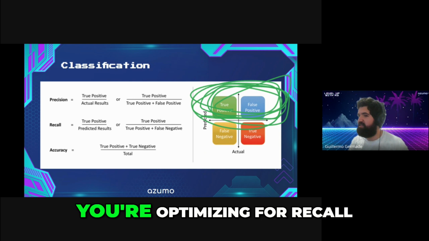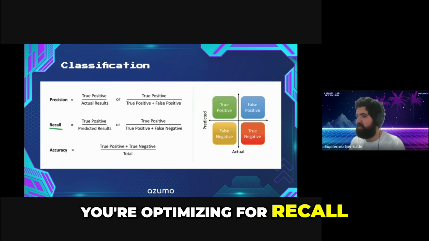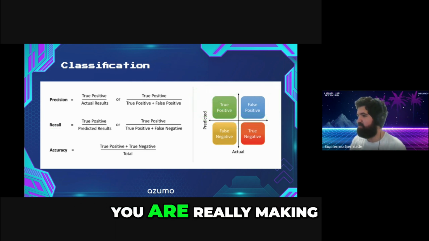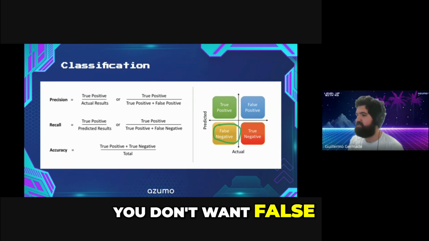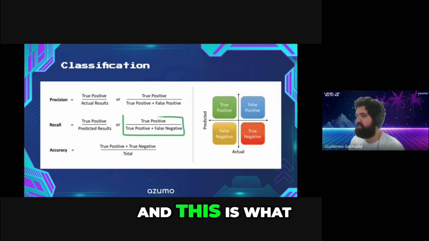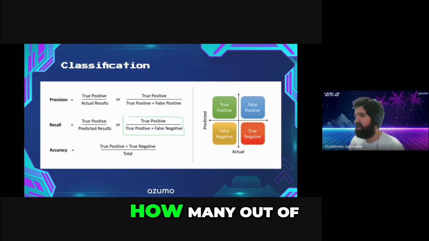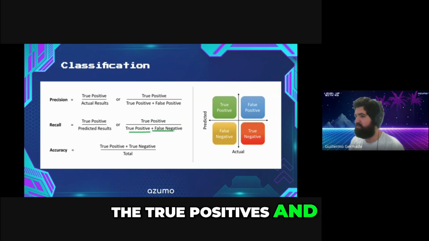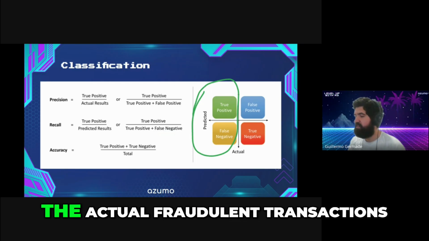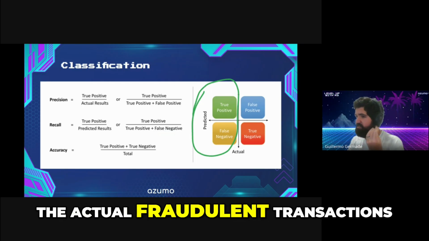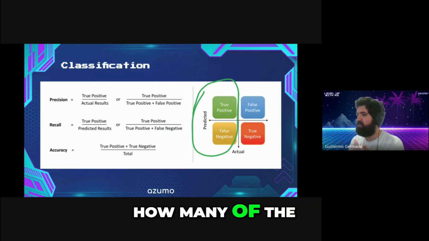By doing that, you're optimizing for recall because you are really making this low. You don't want false negatives to escape from your model. And this is what this is measuring: out of the true positives and false negatives, which are the actual fraudulent transactions, how many of them the model is detecting?